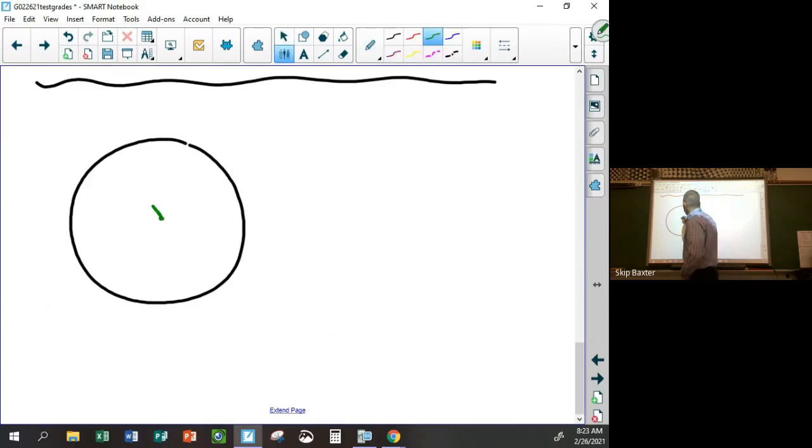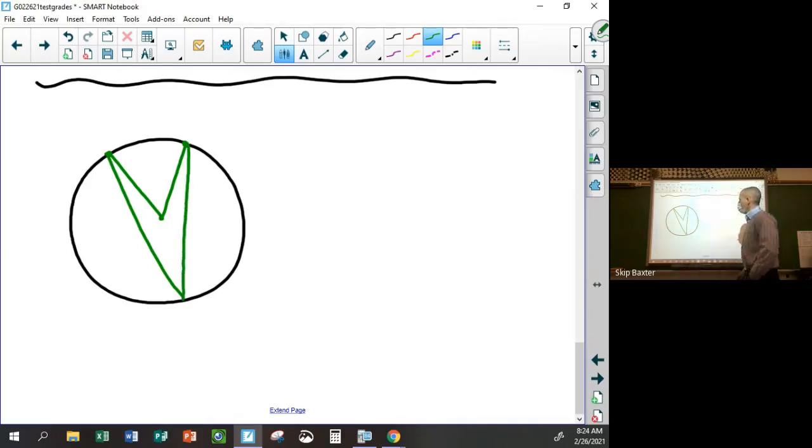They might give you a picture that looks like this, where there's a circle, and they say this angle is 40. Find the measure of this angle. But it's just using the two facts together. You'd say, well, if this is a central angle, it equals its arc. And this is an inscribed angle, so it has to be half its arc. 20. The answer is 20. That's kind of easy, right?